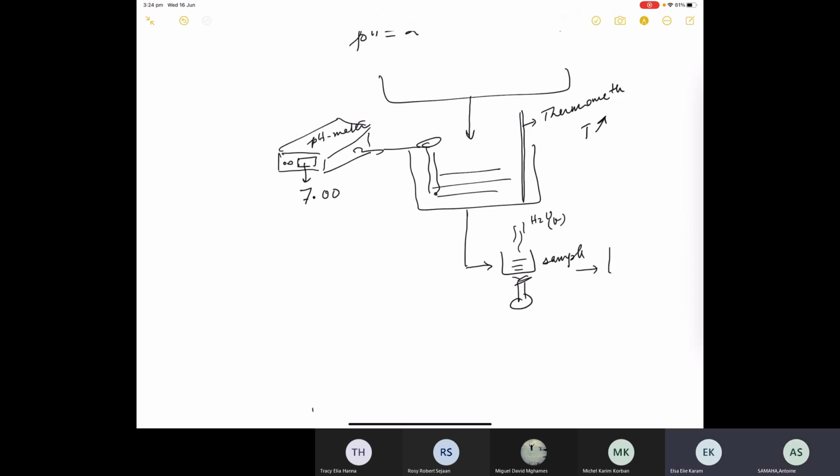When water is totally vaporized, we obtain a white solid of NaCl.